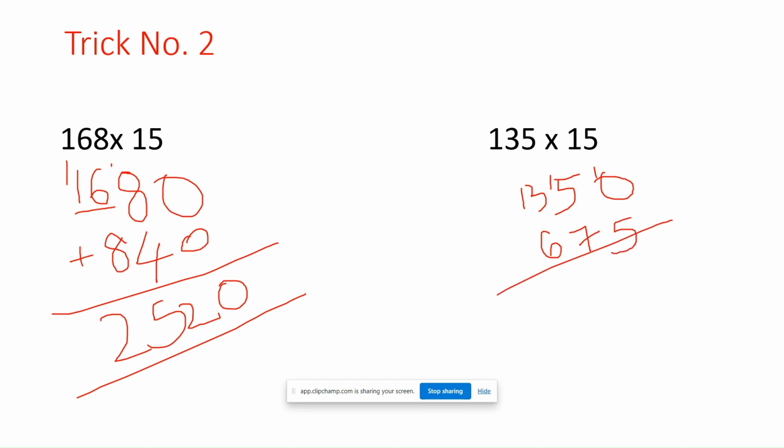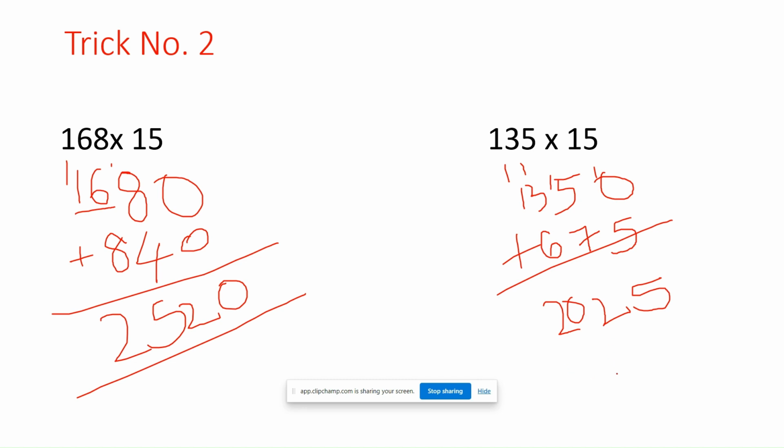Now just add these numbers. 5, 7 plus 5 is 12. 6 plus 3 is 9 plus 1 is 10. And then 1 plus 1 is 2. 2025 is your answer. Isn't it easy, friends?